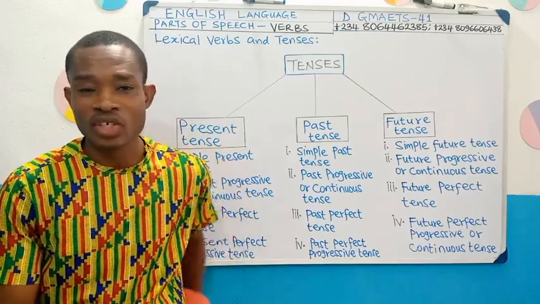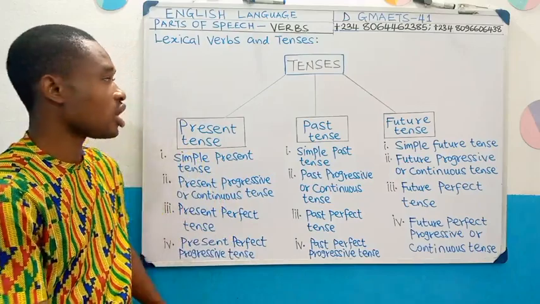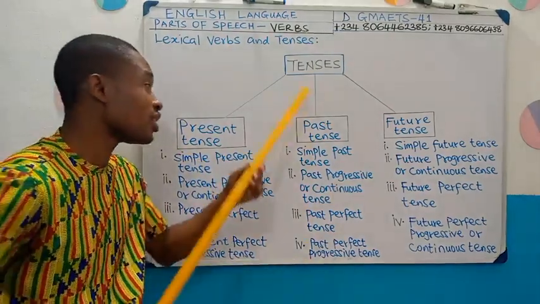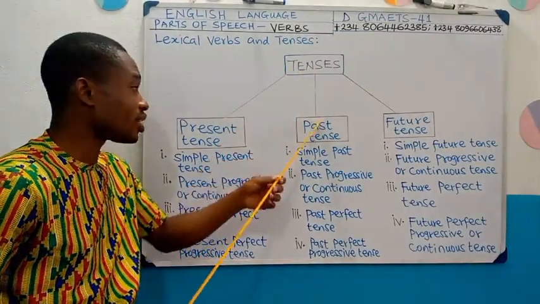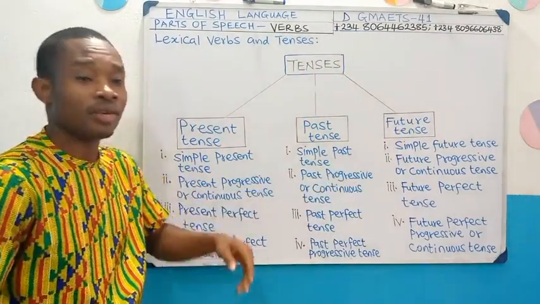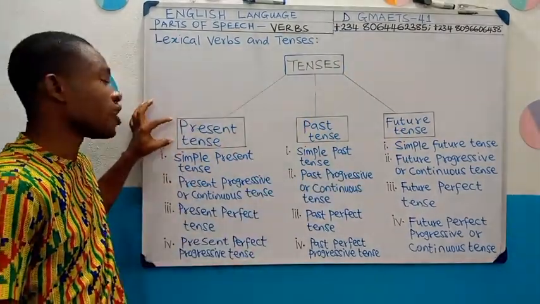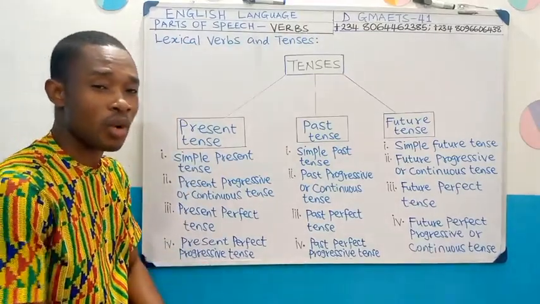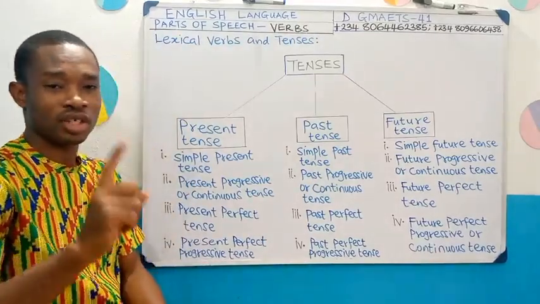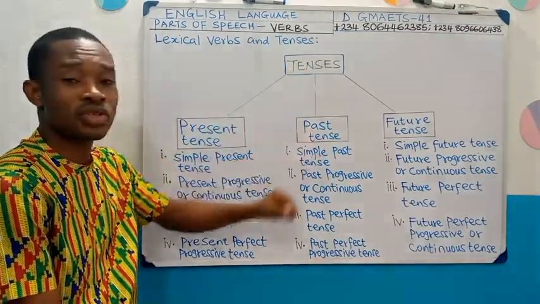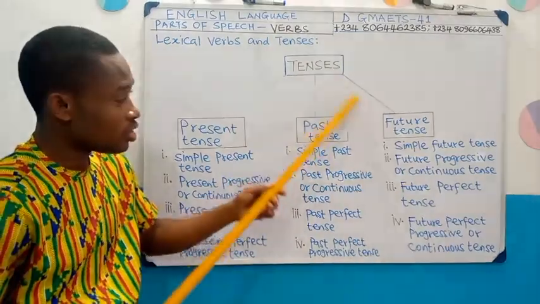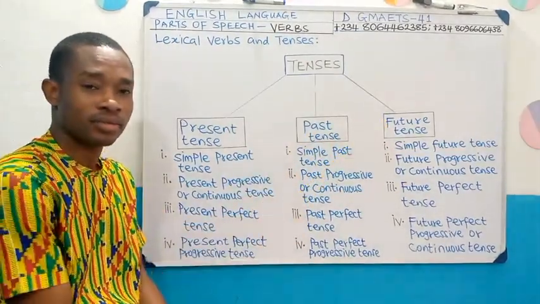So on the board, let us look at this tenses chart. So we start with these tenses. You can see 3 lines drawn from that tenses. Now this points to present tense, which means one of our major tense in English is the present tense. Then we have the past tense, and then of course the future tense.